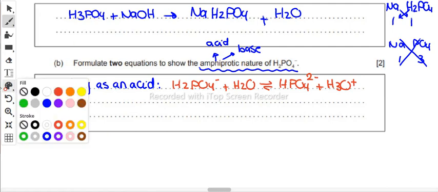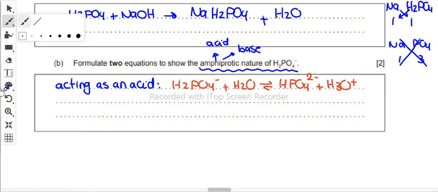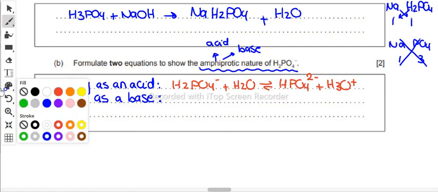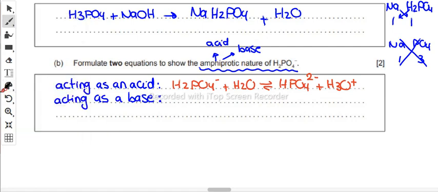Now continuing with the second situation, if it acts as a base. So as a base, I'm going to take the ion another time, H2PO4 negative plus H2O.